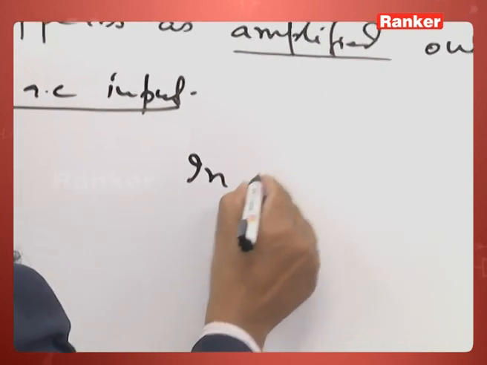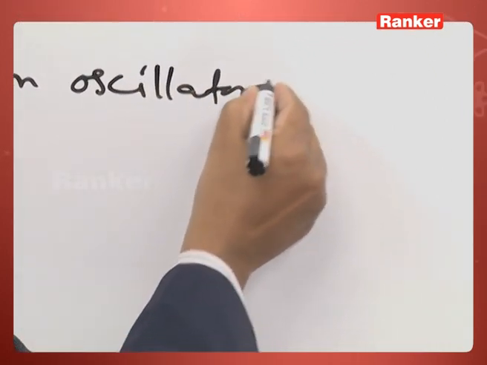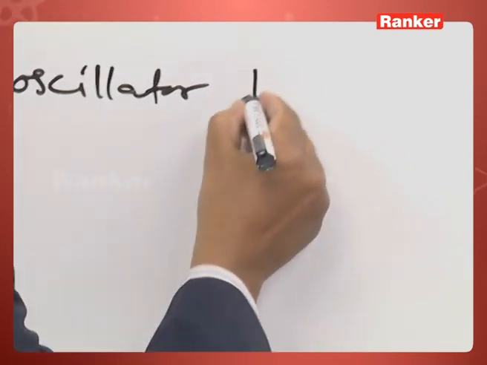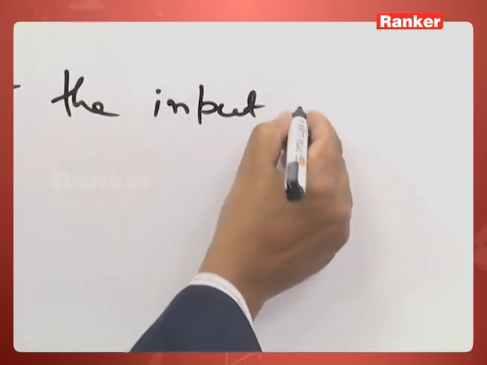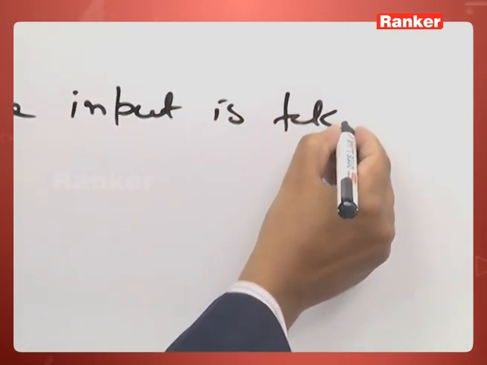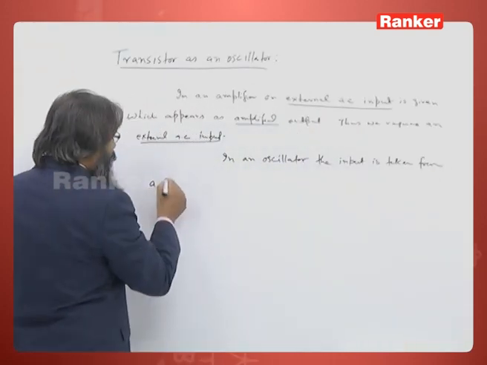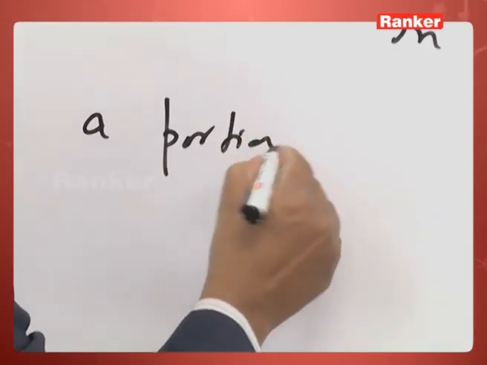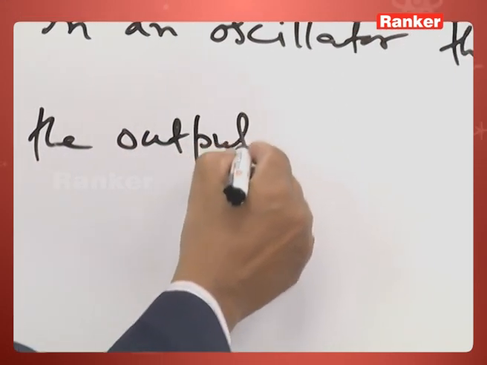In an oscillator, the input is taken from a portion of the output, in phase.